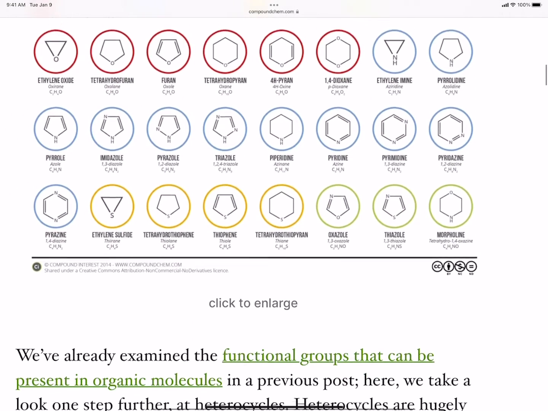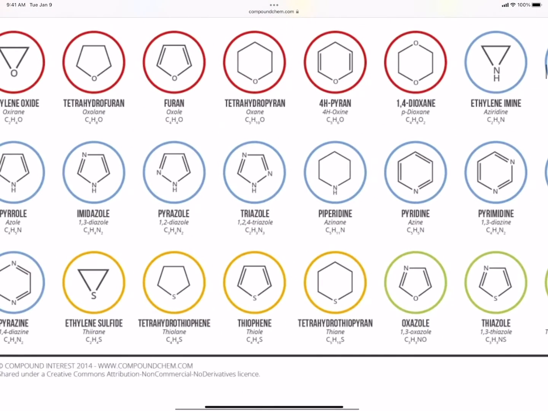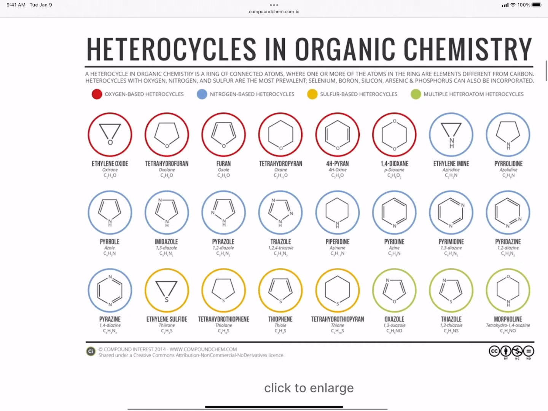And this is only the beginning, because once you start bringing in degrees of unsaturation and places oxygens outside of the ring, it gets confusing. Pyrrole, imidazole, pyrazole, triazole, and there's multiple kinds of triazoles: piperidine, pyridine, pyrimidine, pyridazine. It gets a lot worse.